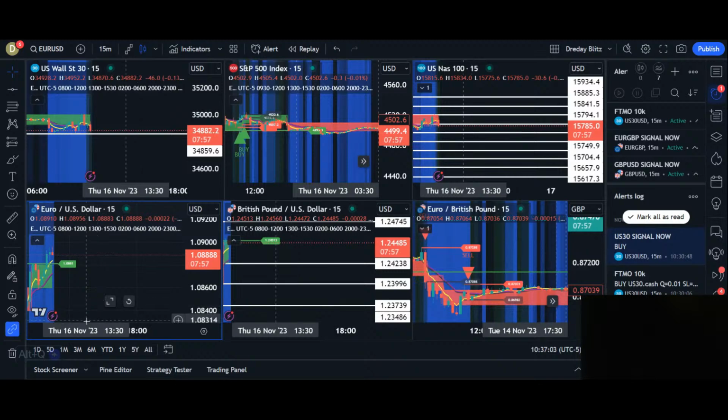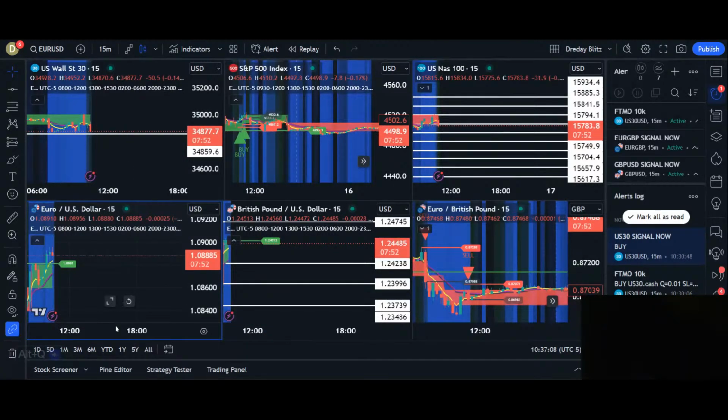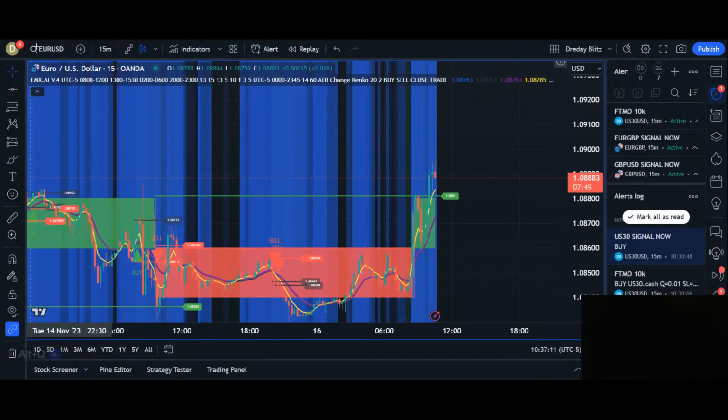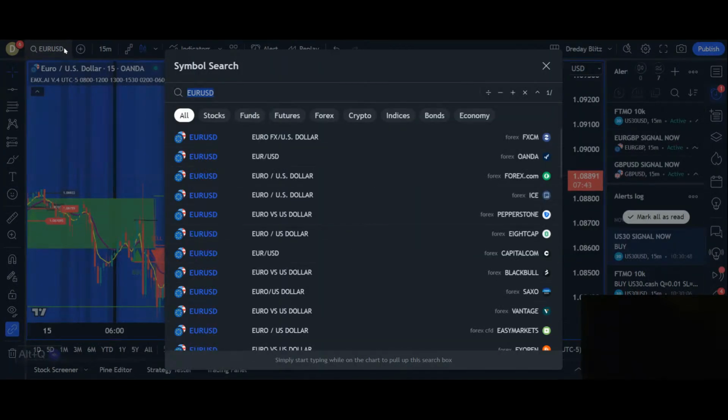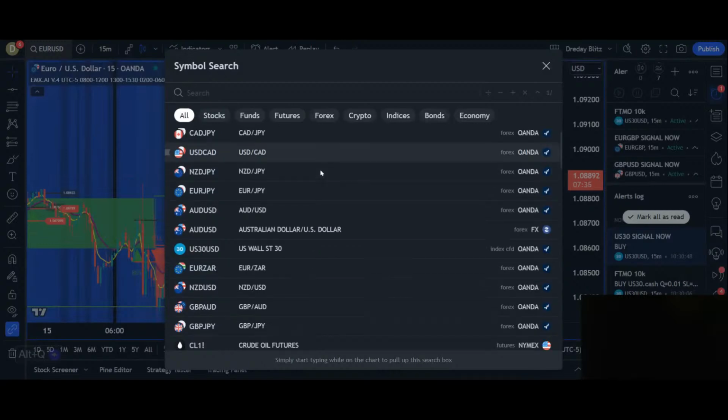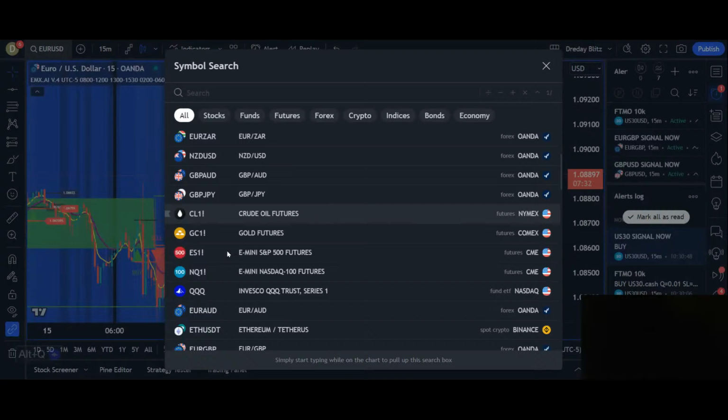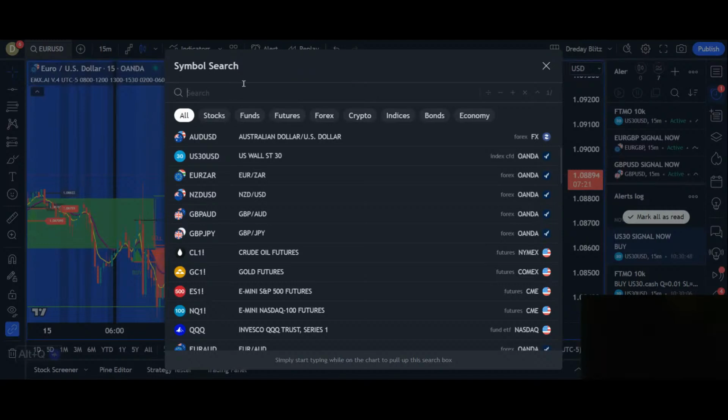Let me open. We're going to open this one. Opening up. Hold on, guys. I'm going to make sure that I was looking at gold here, gold futures. Oh, no, let me check gold. Gold right here.